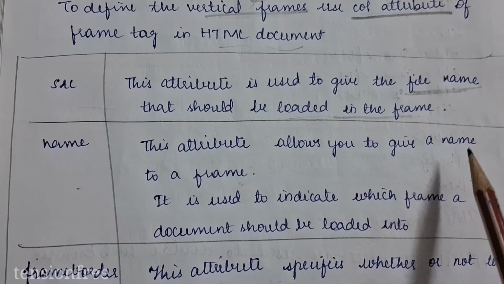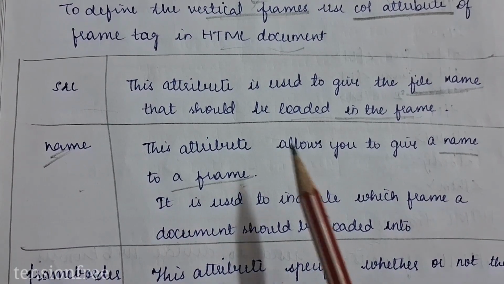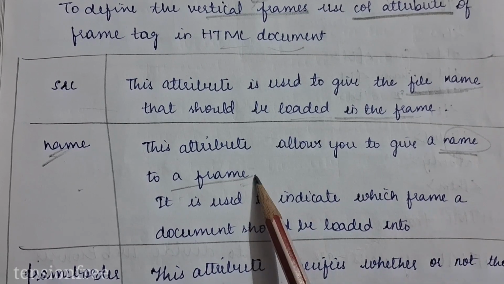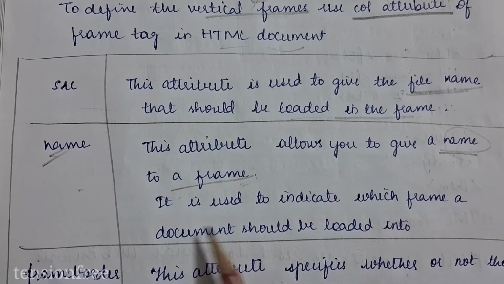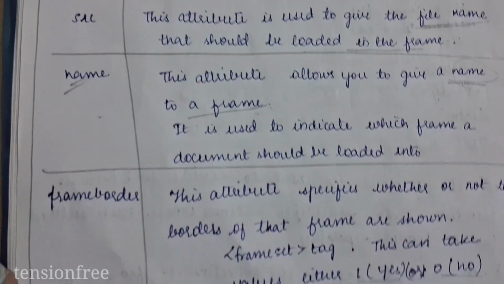This attribute allows you to give a name to the frame. It is used to indicate which frame a document should be loaded into. It also defines which frame has to be loaded into the document.